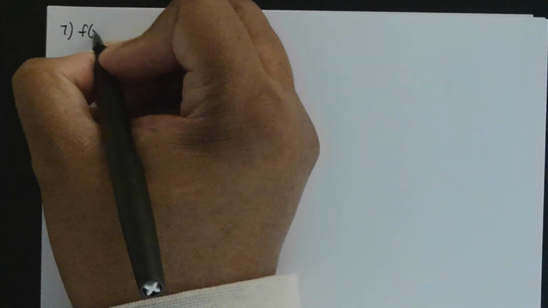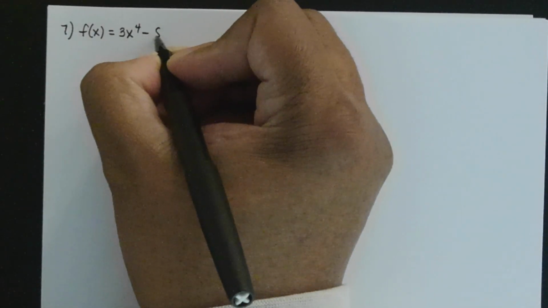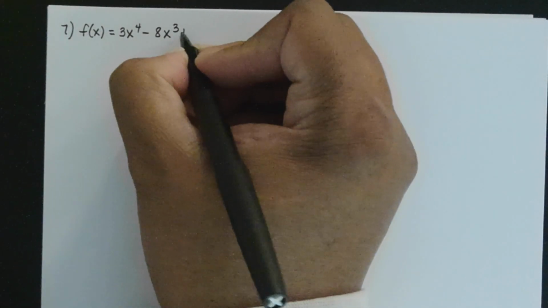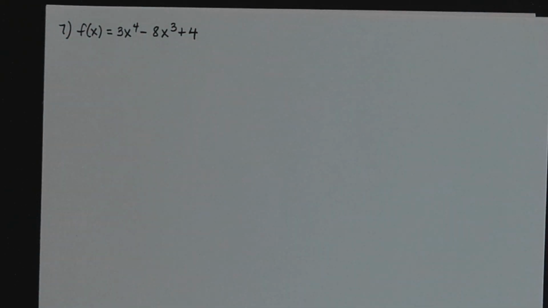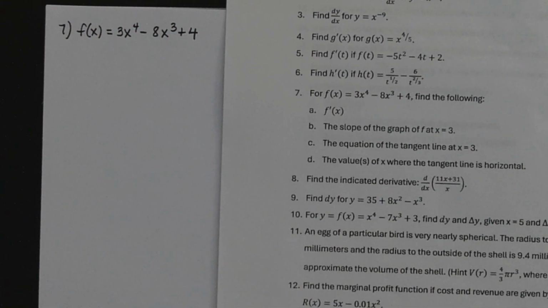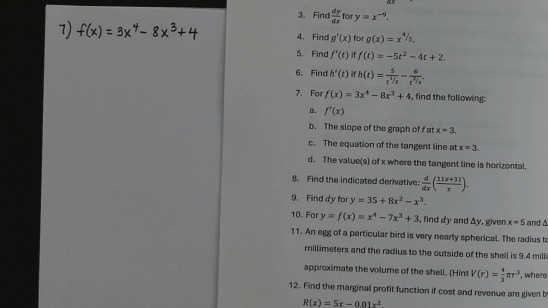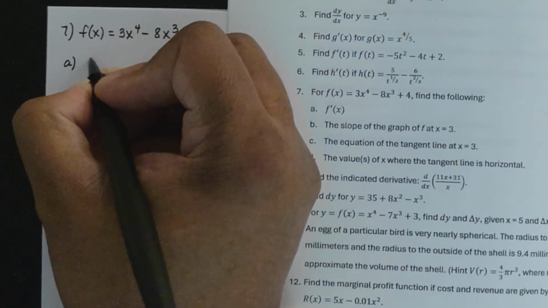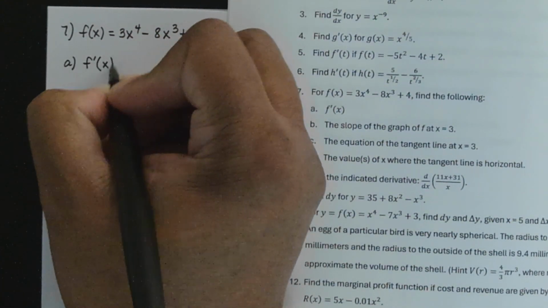So here we have f of x is equal to 3x to the 4th minus 8x cubed plus 4. Here we're going to find the following, starting with, in part A, what f prime of x will be.